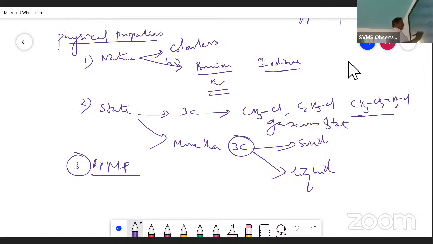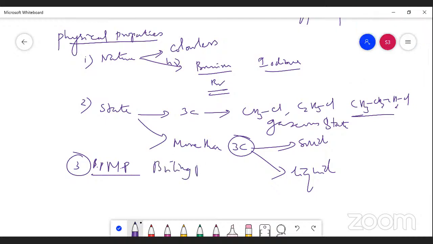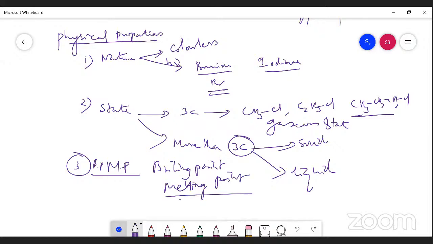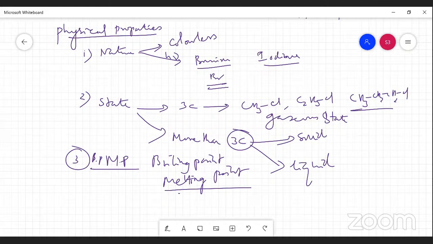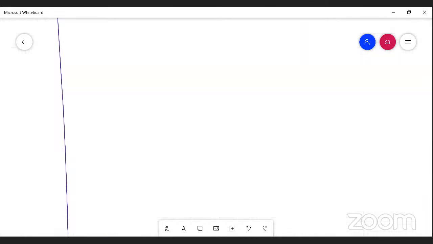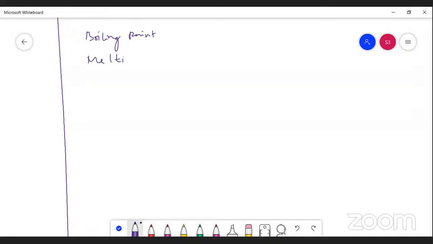Just you should go for this, the boiling point and melting point. The boiling point and melting points.